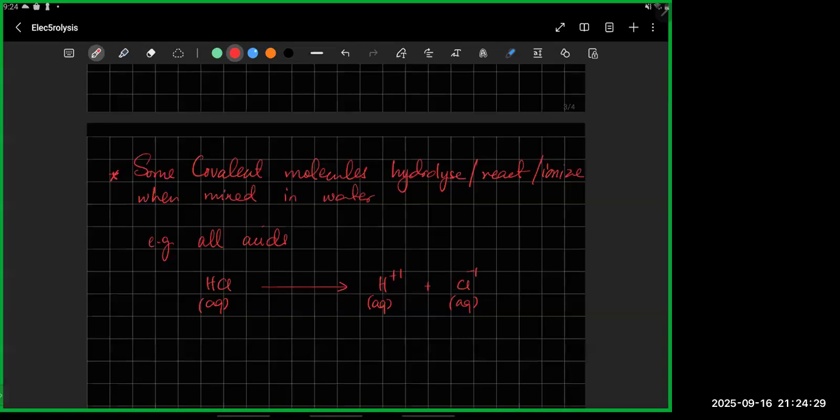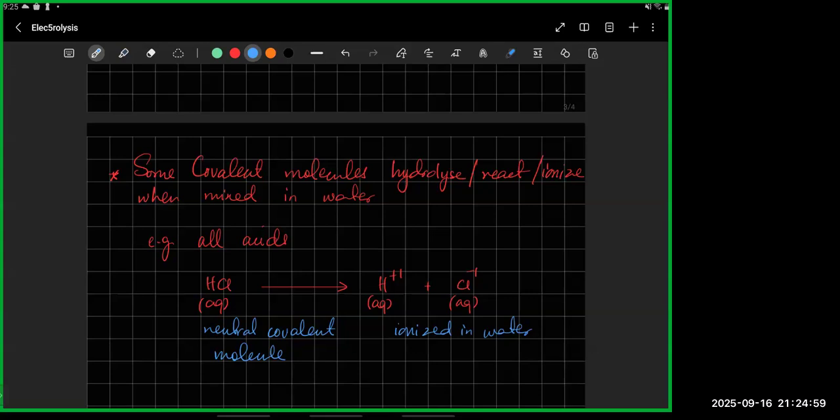So it used to be a neutral covalent molecule, and it ionized in water. Otherwise, it was never going to form ions. But it reacted in water and turned into H+ and Cl- ions. It broke down. So a lot of acids, a lot of covalent molecules, do hydrolyze.